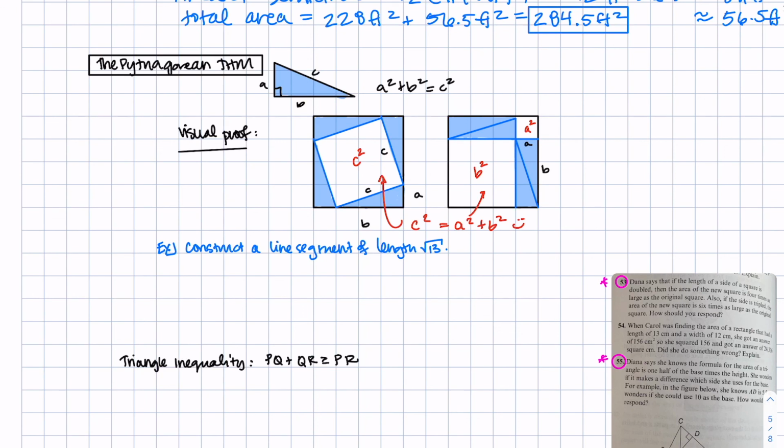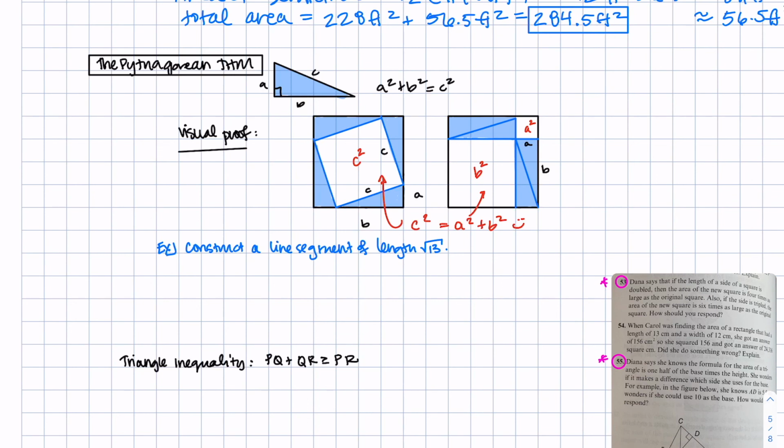Okay, so employing this in a new way, we've used the Pythagorean theorem before. We can use this to construct line segments of irrational length.